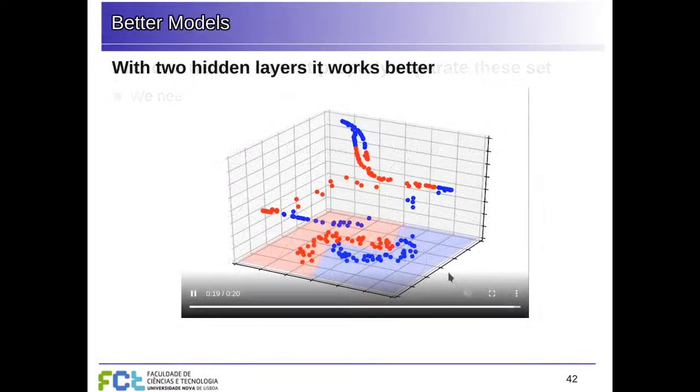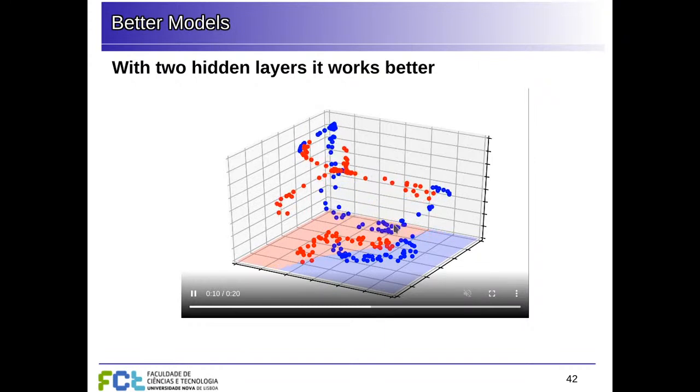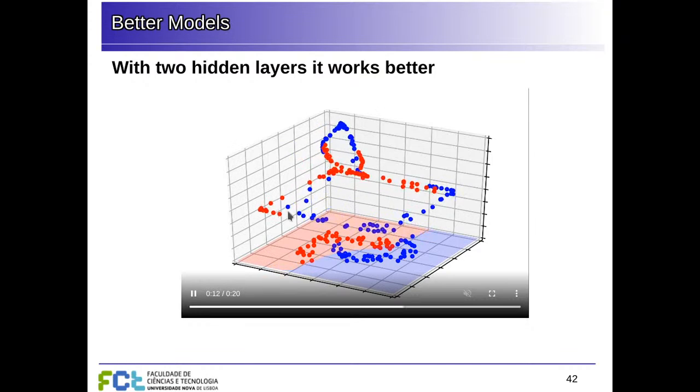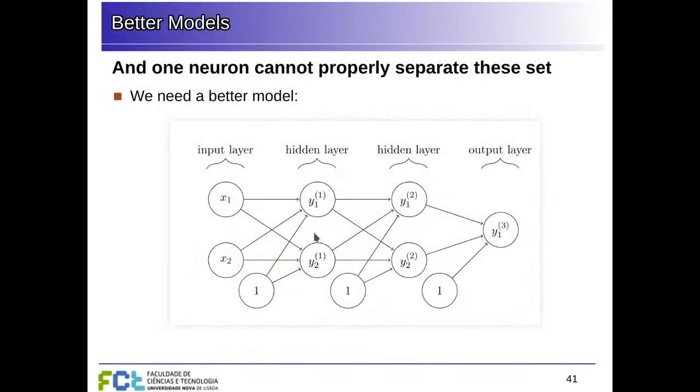This is a representation of what's happening in this network. Here below we have the original data being input, and then the transformation done by the first hidden layer. The values I'm plotting at this layer are the output values of these 2 neurons.